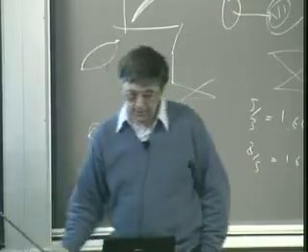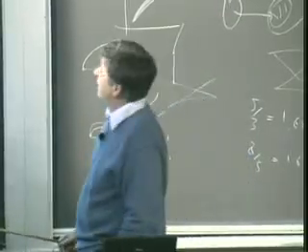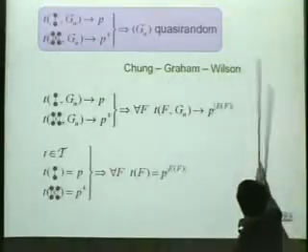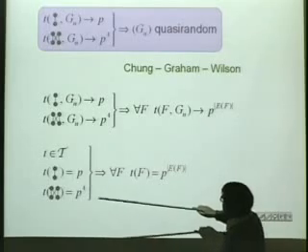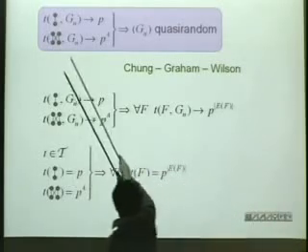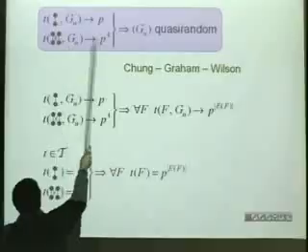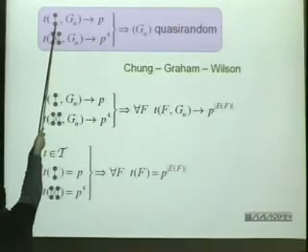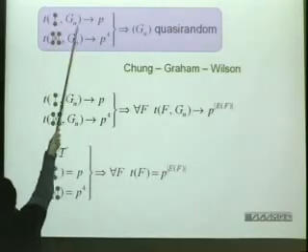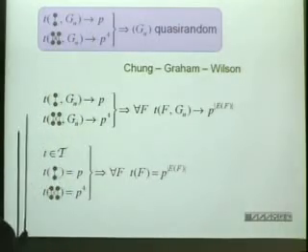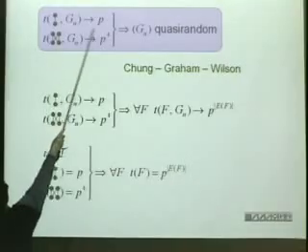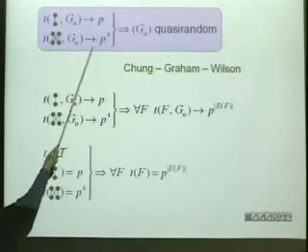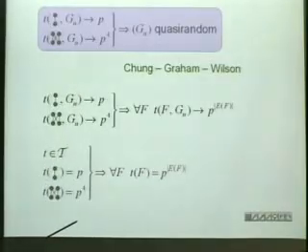And so here is the theorem of Chung, Graham, and Wilson. It says that to check that Gn is quasi-random, it suffices to check that for a single edge, the edge density tends to some value p, and the density of 4 cycles tends to p to the 4th.